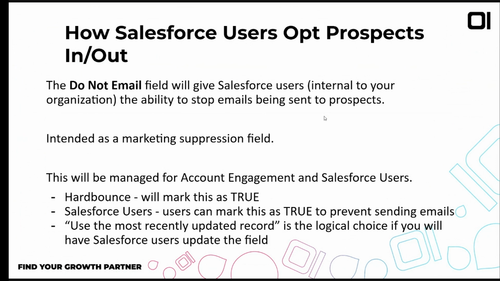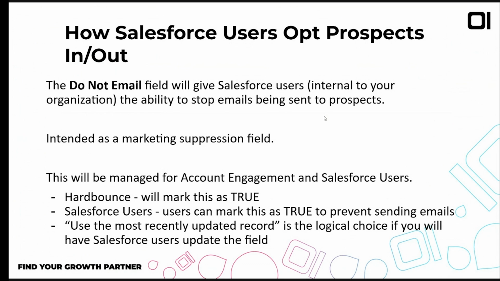Because if you think about it, your users internally will be the ones to set the do not email. So let's say they communicated with your prospect, they said they do not want to receive emails, then they can update the do not email field. So those prospects and leads will be tagged to not receive emails. So that's the main purpose of the do not email field in Salesforce.